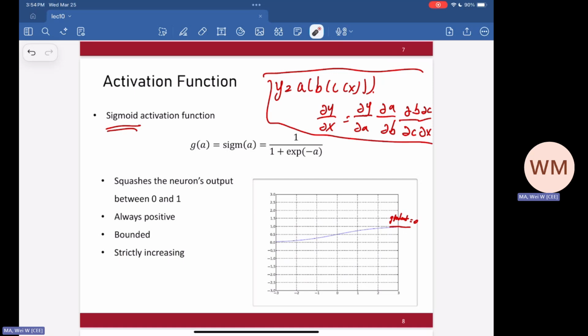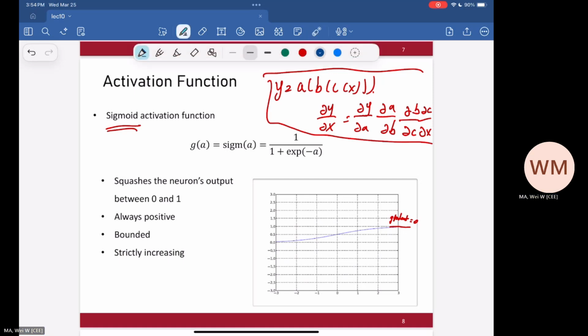There's another issue which happens here. If you calculate the gradient here, if I remember correctly, the highest gradient is greater than 1.